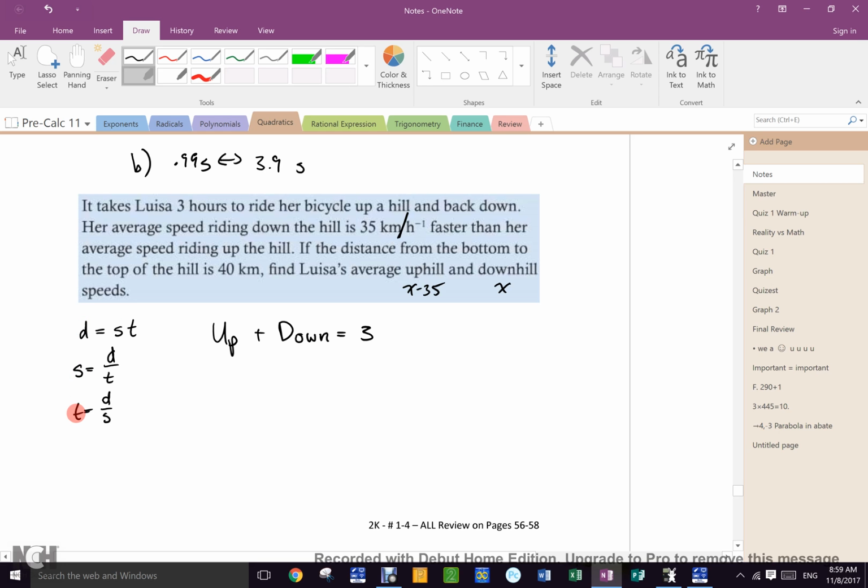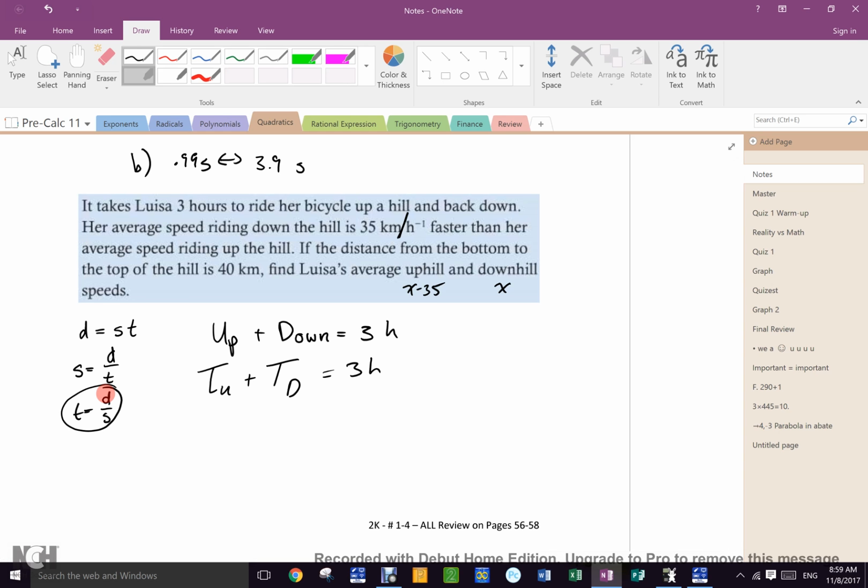D, S, or T? What am I adding here? Distance, speeds, or times to get 3 hours? Times. So I need her time uphill and her time downhill to equal 3 hours, yes? What is time? Distance divided by speed, right?